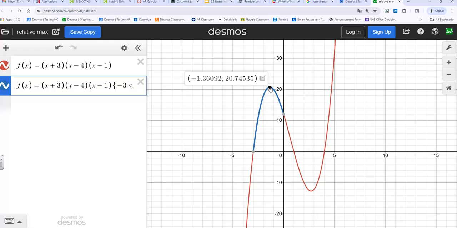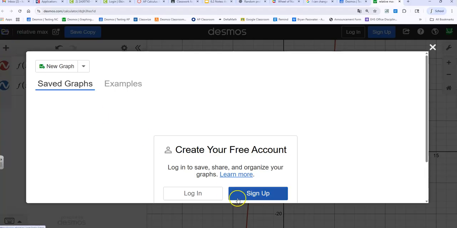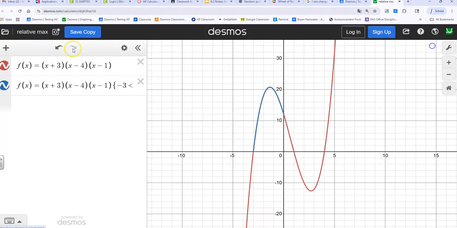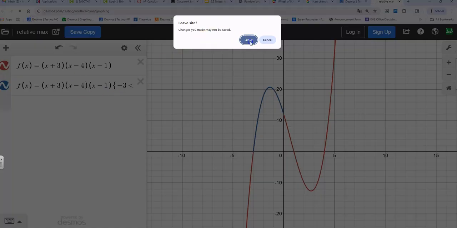Now, technically, absolute maximums are also relative maximums, right? So if I have something like, let's do a new one. Let's just hit the Desmos right here.